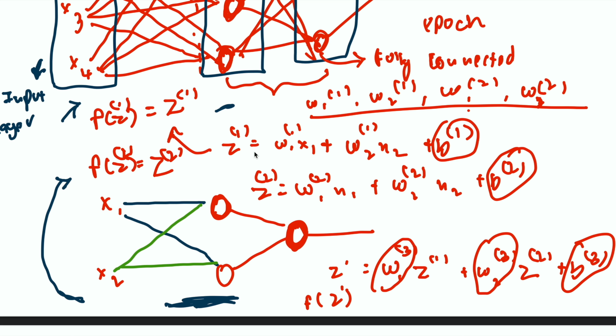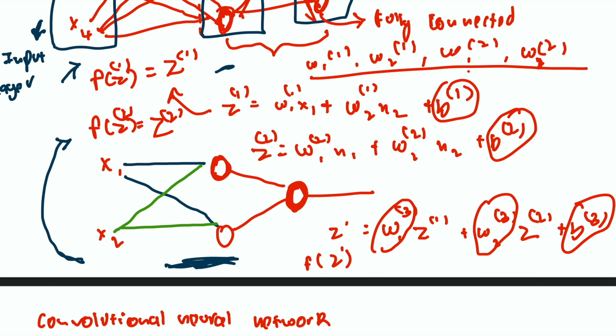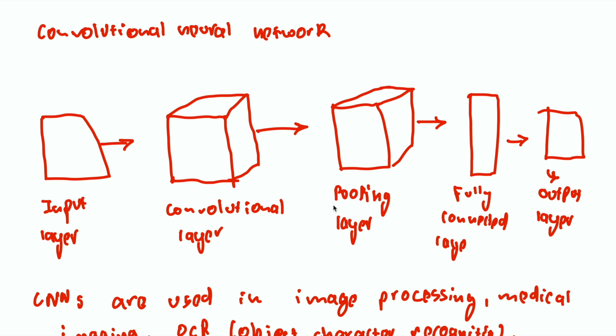This z1 is of this particular neuron, and z2 is of this particular neuron. Z2 for this, z1 for this, and then we get the bias. This thing we have covered, and then we pass it to the activation function to get the y output, which will be passed to this particular output unit.